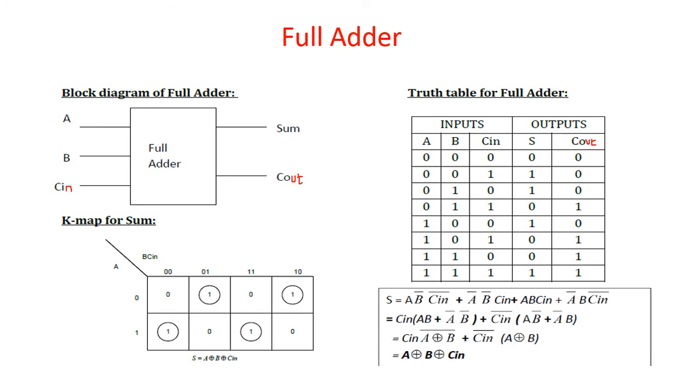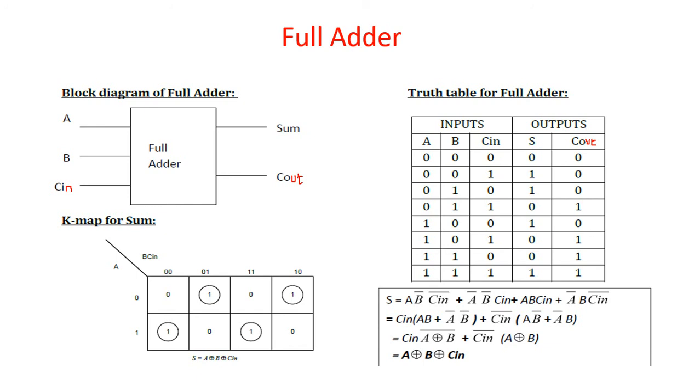For this one A, B, C in. So this is the equation. For this, C in is common. If I take C in common, then AB plus A bar B bar. Similarly, C in bar is common. If I take C in bar, then AB bar plus A bar B, right?